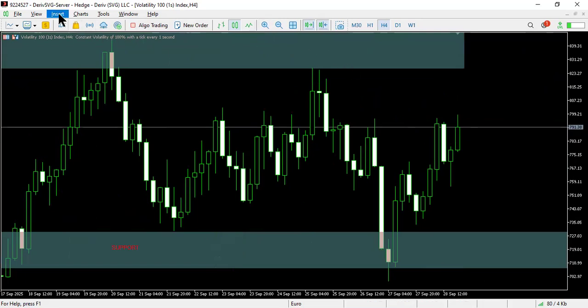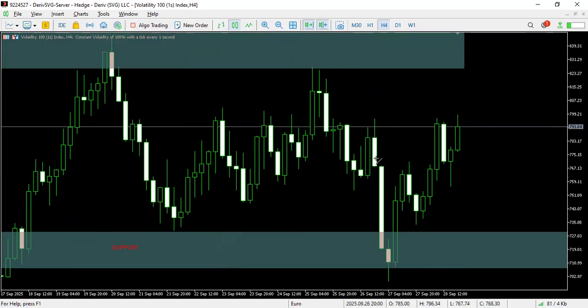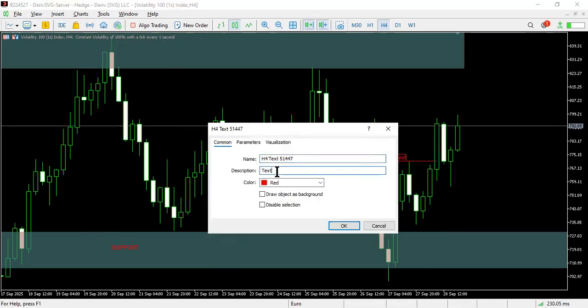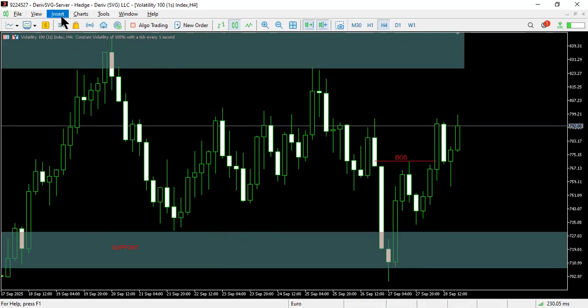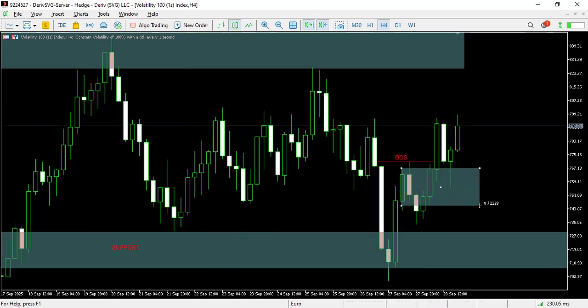As you can see, price has just cleared a new high. This is a break of structure. And then this is the origin which caused that break of structure in the 4 hours time frame.